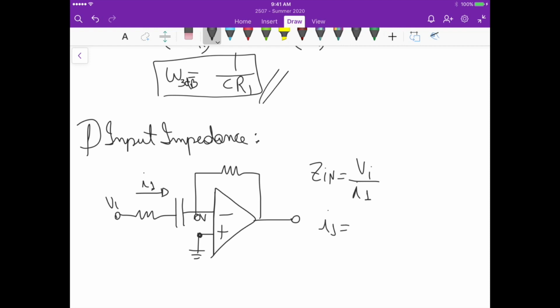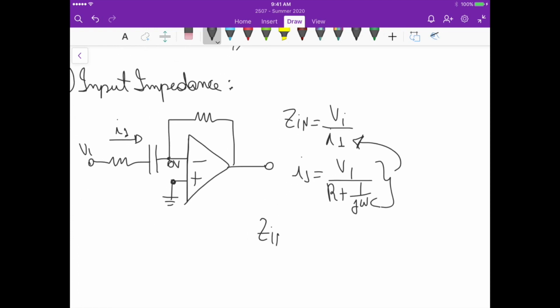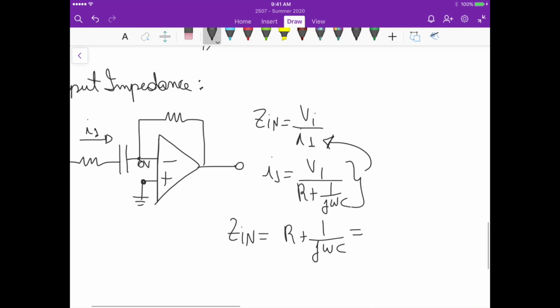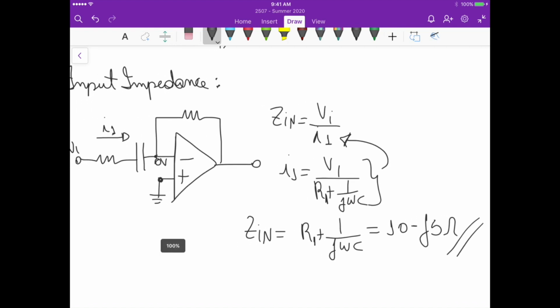And I1 in this case is just VI divided by R plus 1 over j omega C, right? Because they're in series, this is 0, the current I1 is just using Ohm's law. So if we substitute this in this equation, we get that the input impedance is equal to R plus 1 over j omega C, which in our case is equal to 10 minus j5 ohms.